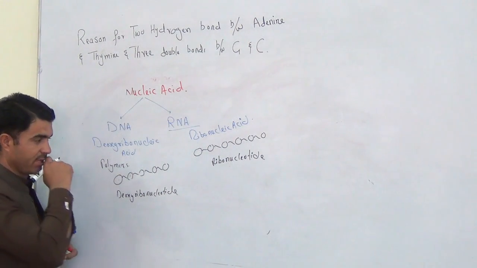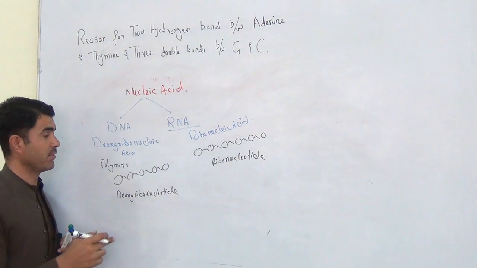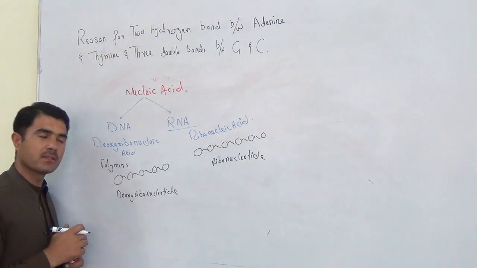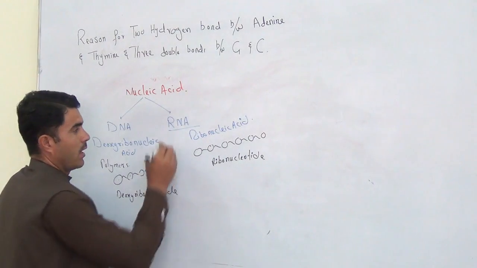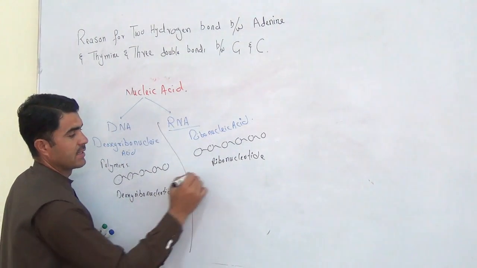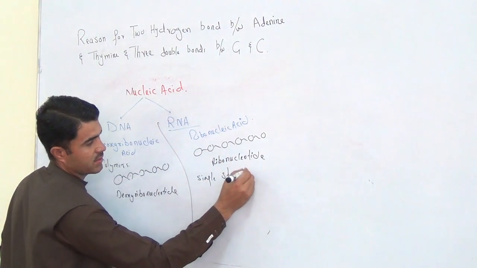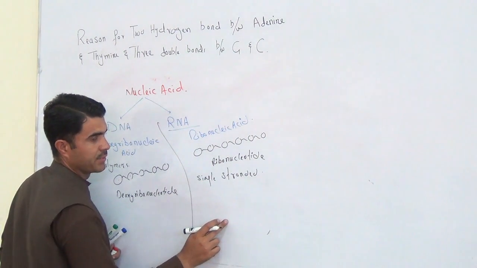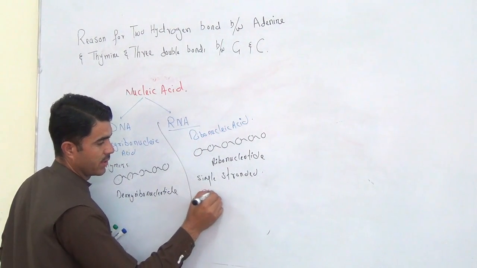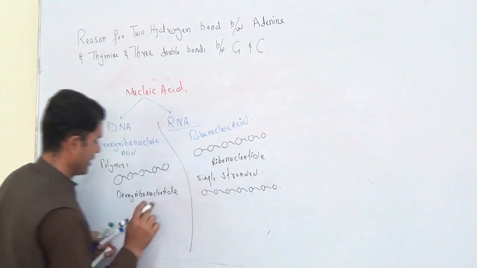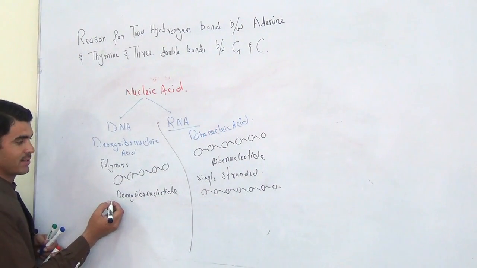Many deoxyribonucleotides combined will give us a polymer called the DNA. This is the first difference. Second difference: RNA is just single-stranded. You can see only one single polymer, okay? But the DNA is double-stranded.